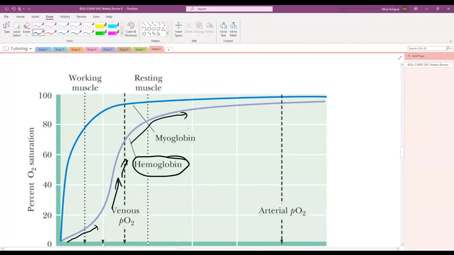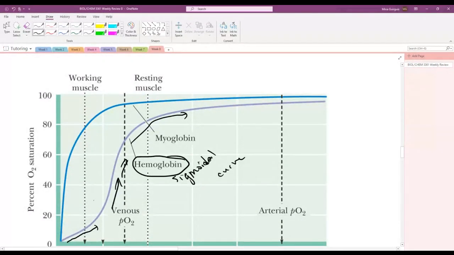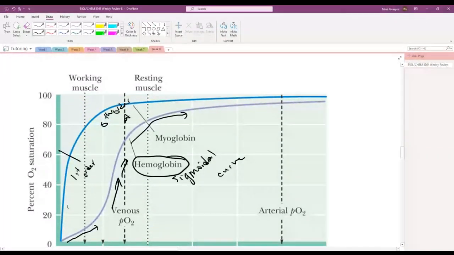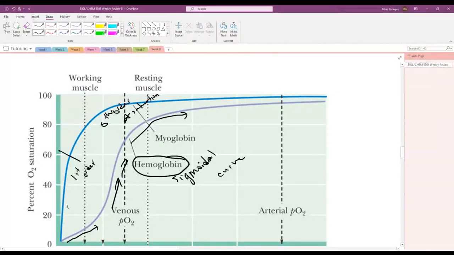Okay, that is classic sigmoidal kinetics, or a sigmoidal curve. On the other hand, myoglobin, first order at the beginning, 0th order at saturation. Despite not being enzymes speeding up reactions, hemoglobin and myoglobin follow very similar kinetics.